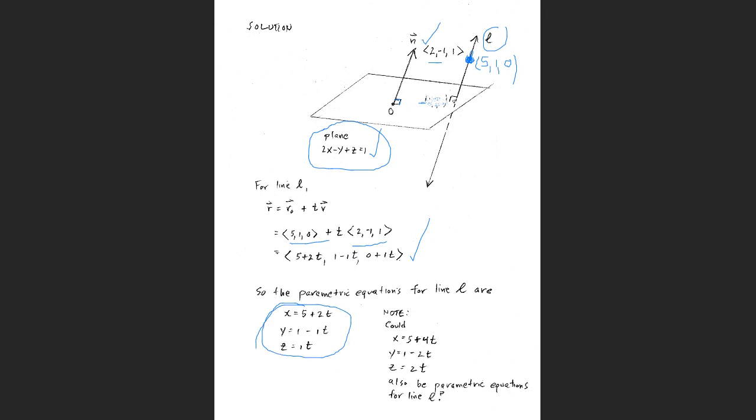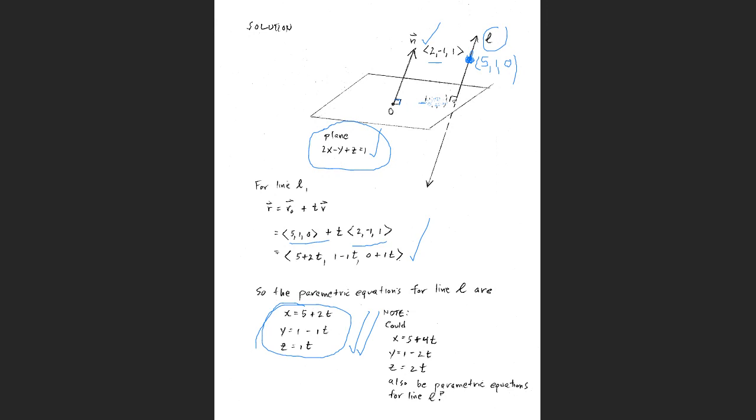I'm going to ask two questions before we sign off here. First, are there any questions up to here? Any questions at all? Yes, Sunyu. What is the difference between using symmetric equations versus parametric equations?